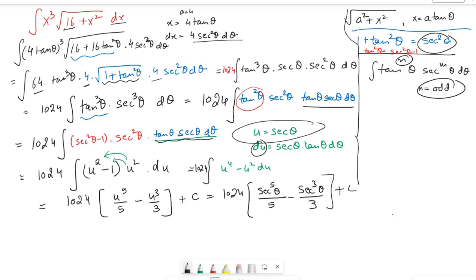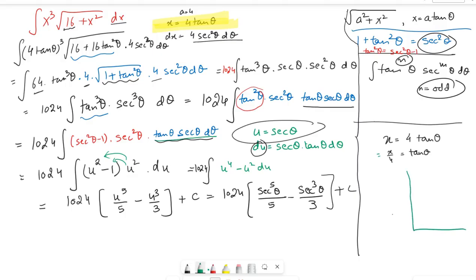Now, we also need to get rid of secant theta and put it in terms of x. Let's see how we can do that. Do you guys see this? This is where we started from. Let's write this down on the side. x is equal to 4 tangent theta. That means x by 4 is tangent theta. If I use the right angle triangle strategy with this as theta, tangent is opposite by adjacent. So opposite is x, and the adjacent is 4.